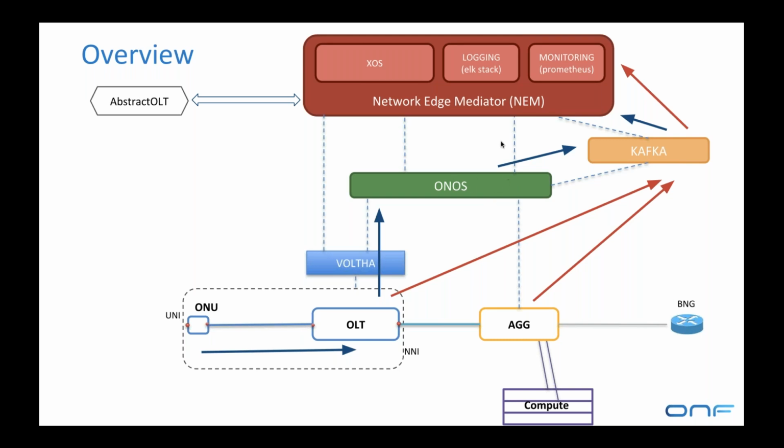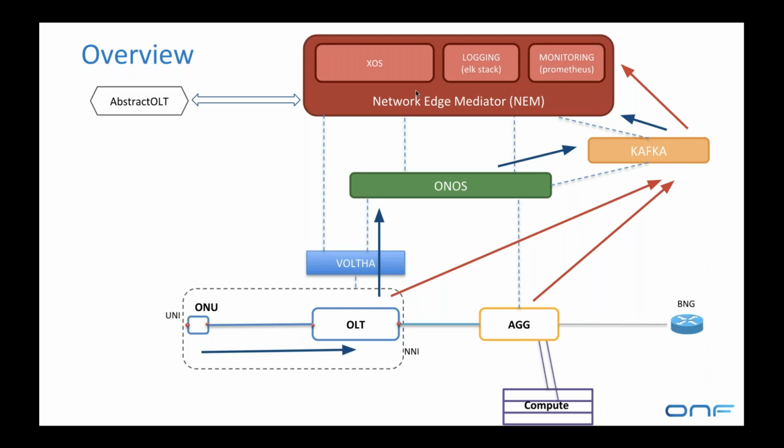When you see a pod that goes down, we send an event to Kafka. All the pieces in NEM are aware of that information, and as soon as the pod comes back up, they receive another notification, so they can push again the information down to ONOS to bring it back to the original state. Matteo? Yep.